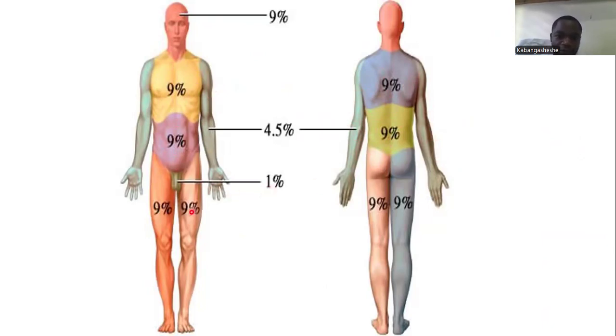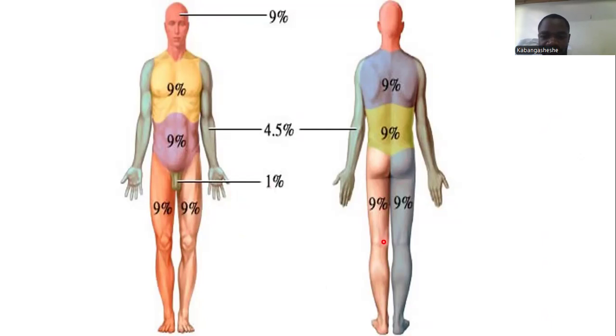Then if you go down to the lower limb, the anterior part of the lower limb, the whole lot of it is 9%. Equally, the posterior part of the lower limb is 9%. So one lower limb accounts for 18. If you add both of them, 18 plus 18, that is 36. So that is for the lower limbs.